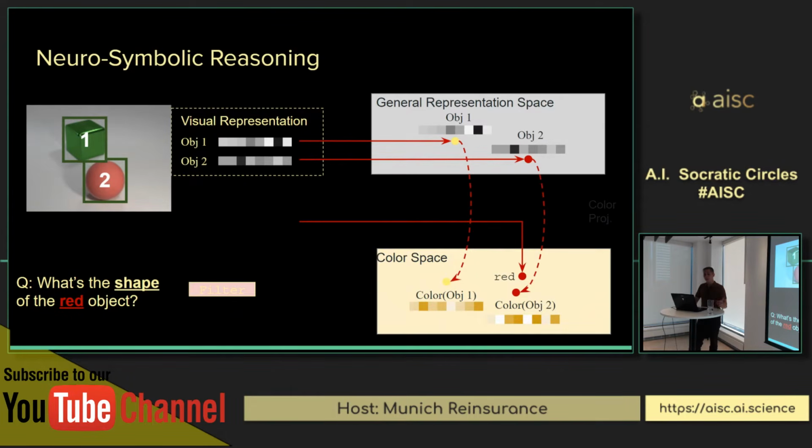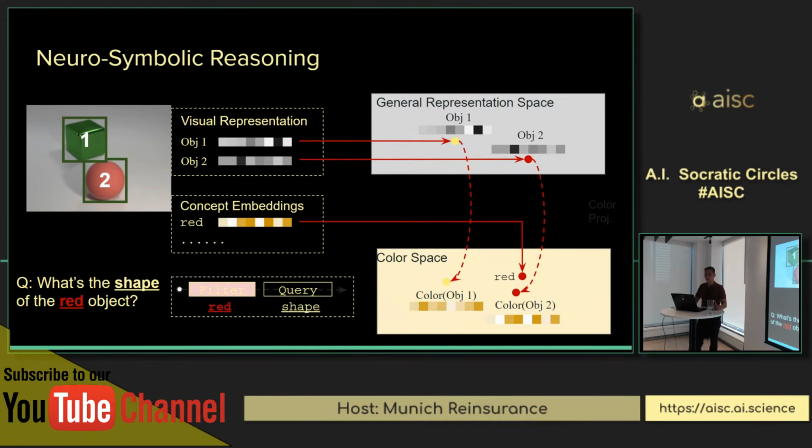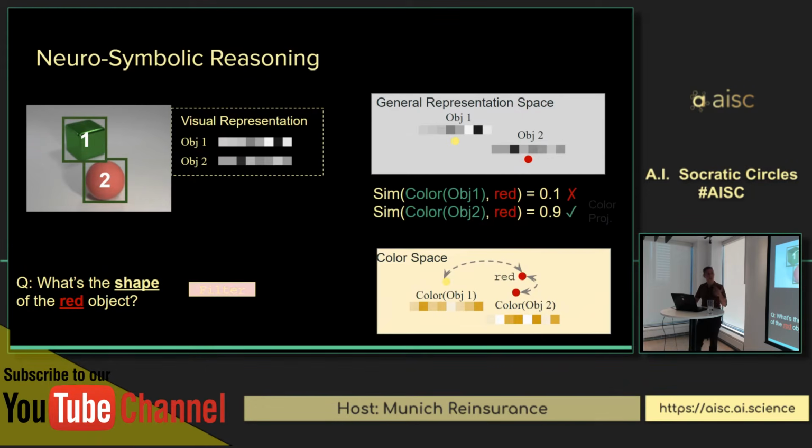After that, they compare the cosine similarity between color of objects and the vector embeddings of red to classify those objects. In this case, the second object will be classified as red because it has more probability of being red because it is situated closer to the red concept in the color space.